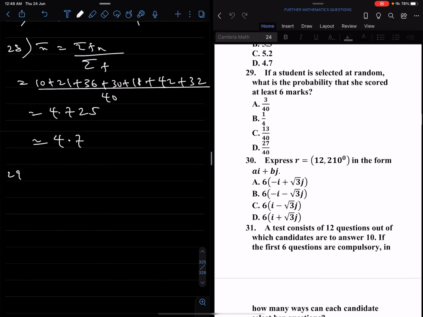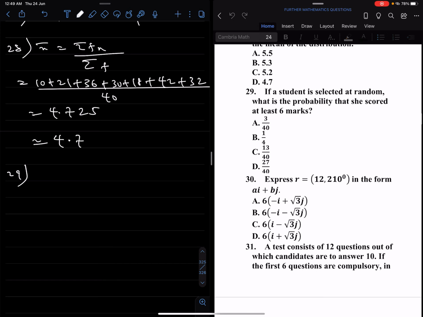Straight we go to number 29. If a student is selected at random, what is the probability that she scored at least 6 marks?